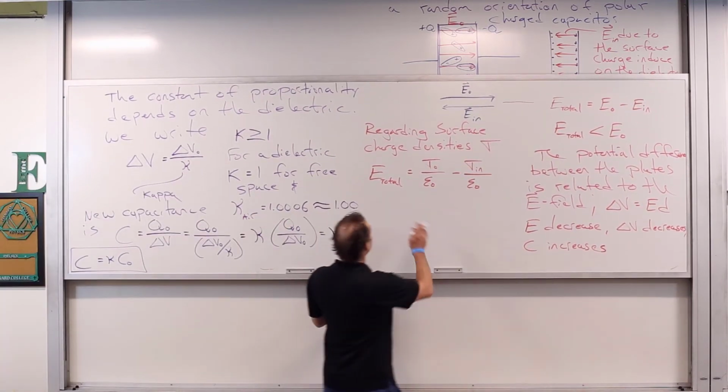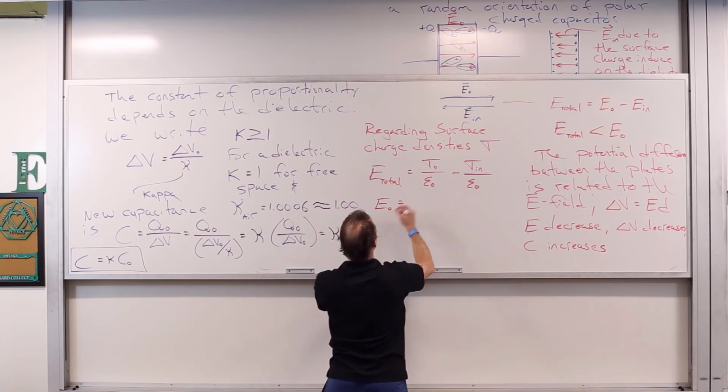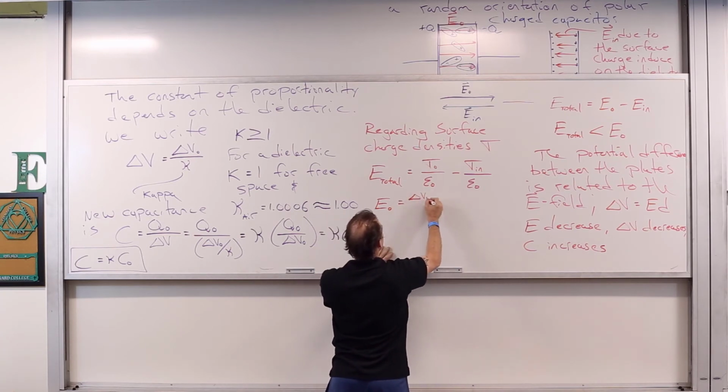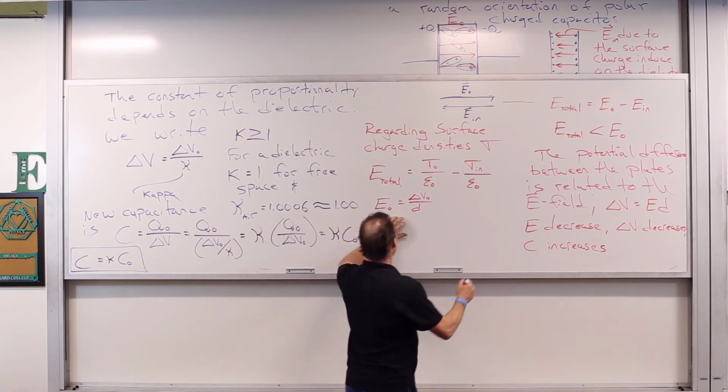And we'll just go ahead and start working on this. We've got that E0 is delta V0 divided by the distance of separation, so that's in general, right?